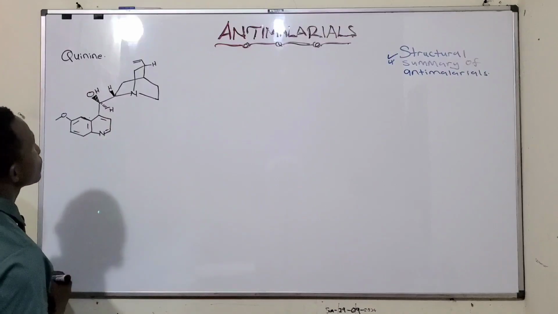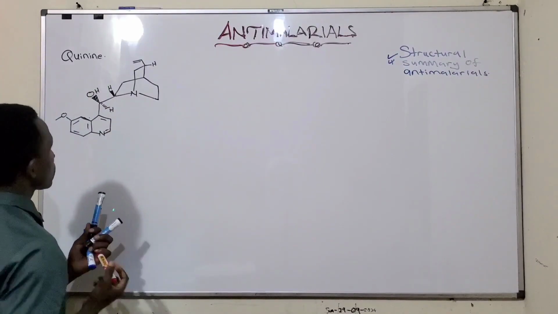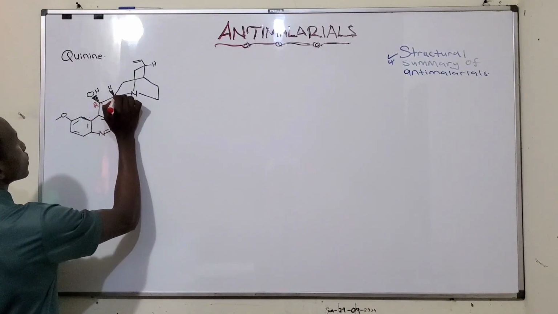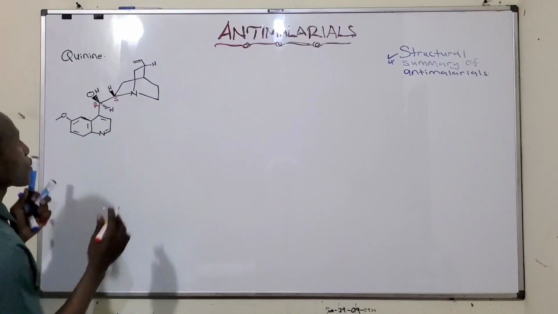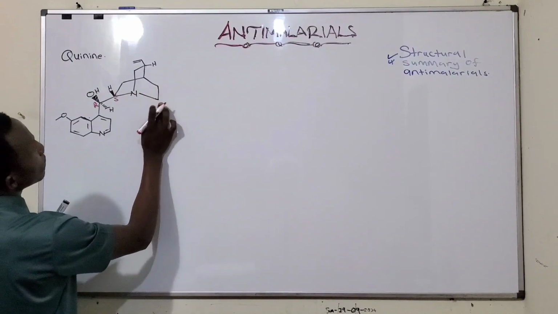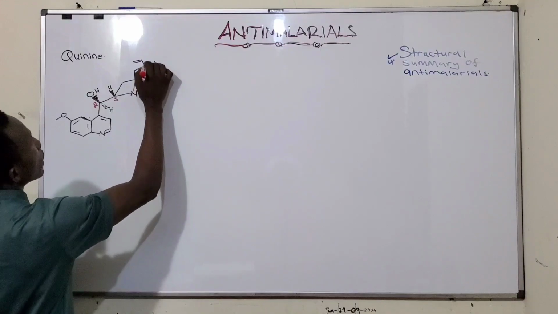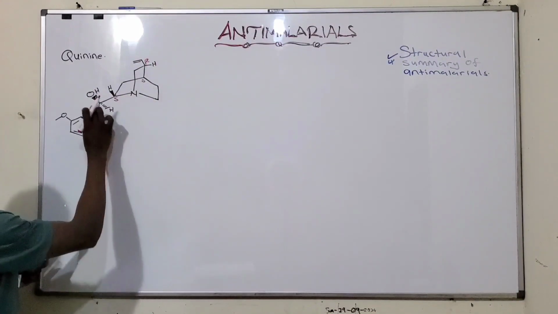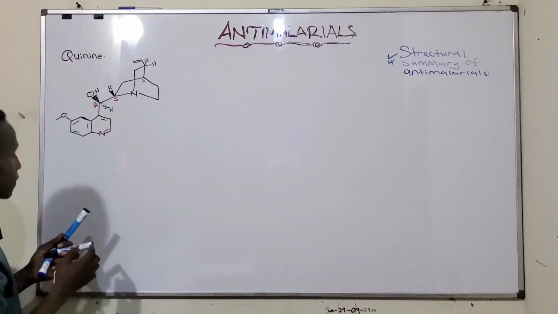This is quinine. And here we have stereochemistry, where here it is R, here it is S. We have other stereochemistries, for example here we have S and R, but mainly we are going to focus on these. This is quinine.